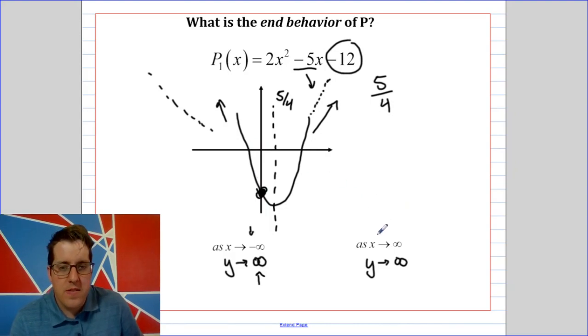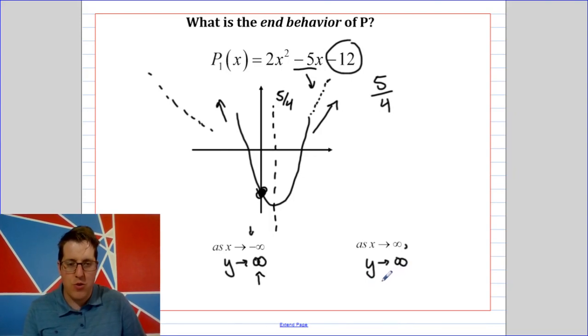So you read this as x goes to infinity, or as x approaches infinity, y approaches infinity, or as x gets arbitrarily large, y gets arbitrarily large, or as x increases, y increases.